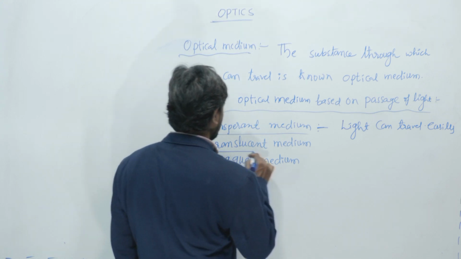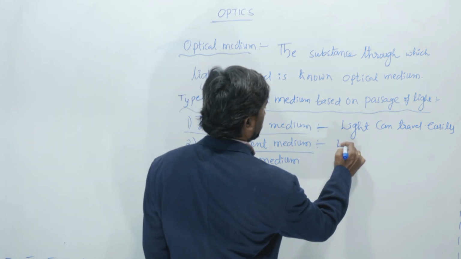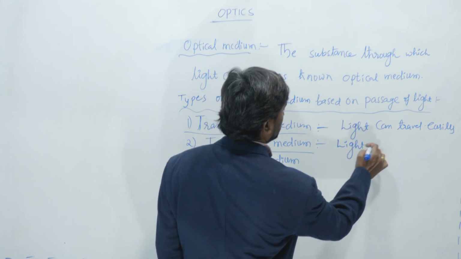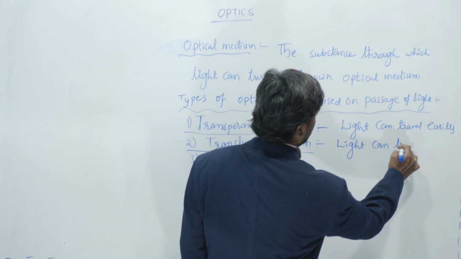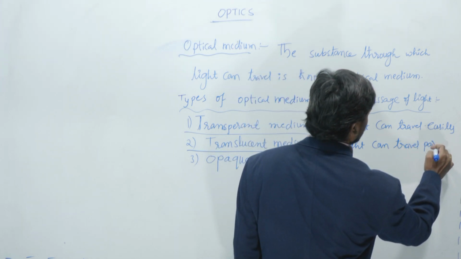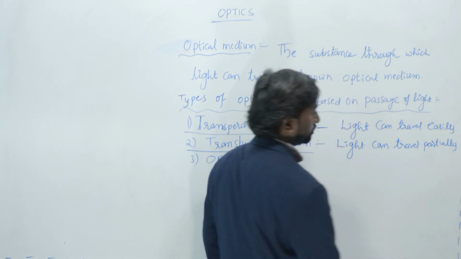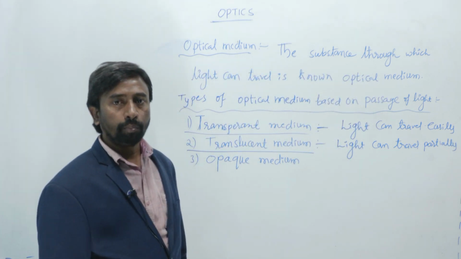The second one is translucent medium. Here the light can travel partially, through the objects or through the medium partially.